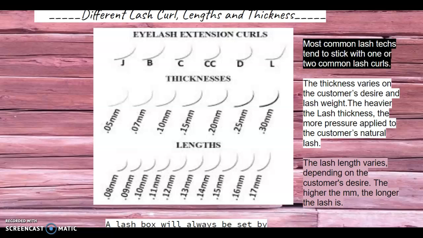Now, if you ever come across a situation where you see that the client has thin lashes and they want a full set on your page and they are not able to get it, you simply say your natural lashes are not healthy enough for this set because the millimeter in thickness is too wide.